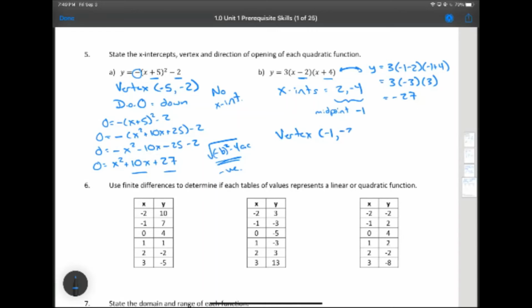So that should be the y value of our vertex. We'll go to Desmos to make sure it's correct after. And direction of opening. Coefficient on this thing is positive, so it's just going to be up. Okay, so let's pop over and see what that actually looks like.